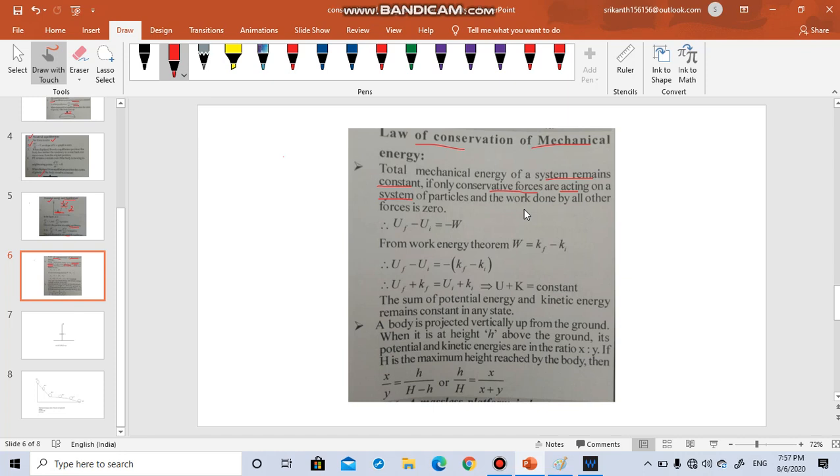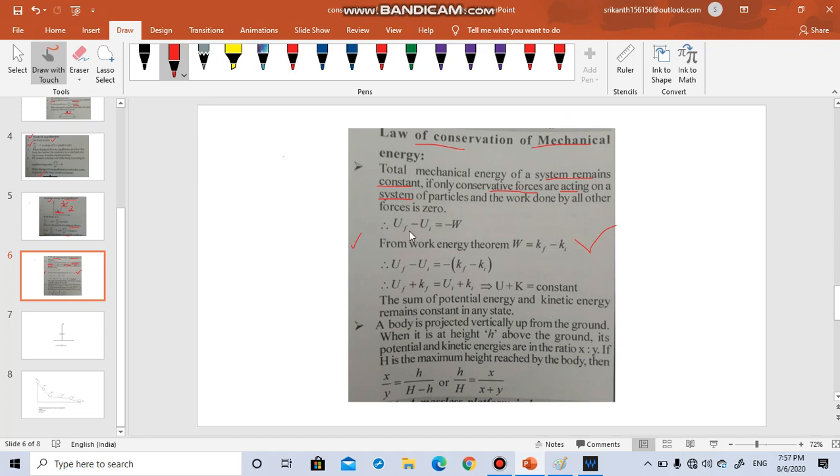It only says that the total energy of the system is constant. Now from the work energy theorem, we have already discussed that work is equal to change in kinetic energy. Now here change in kinetic energy means final kinetic energy minus initial kinetic energy. Okay, so W is equal to Kf minus Ki.